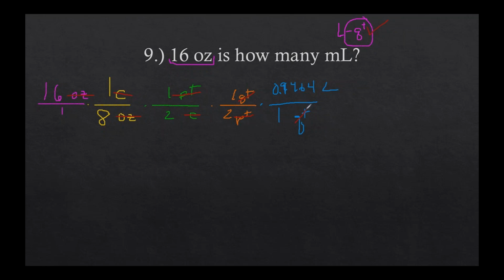Okay, so can somebody do that math of 16 divided by 8 divided by 2 divided by 2 times 0.9464, right? Because that's essentially what we're doing. In the bottom, we divide. Vanessa, that is not what I got. It should be 0.4732 at this point.